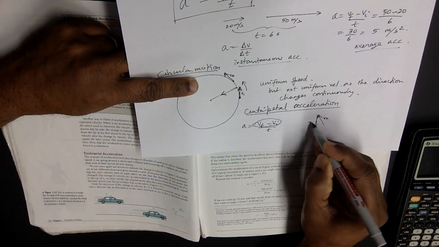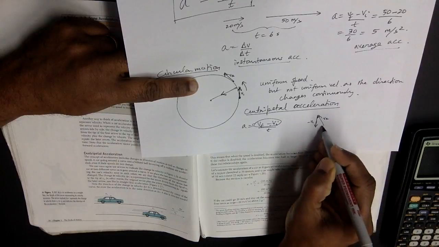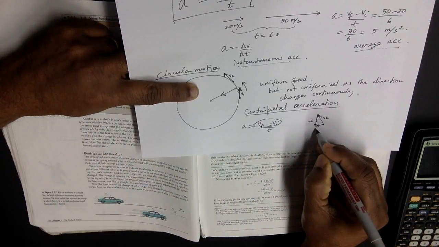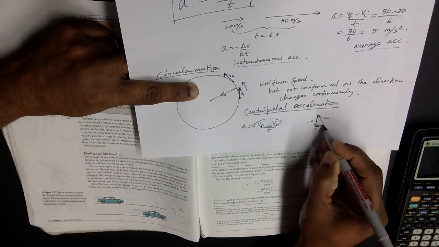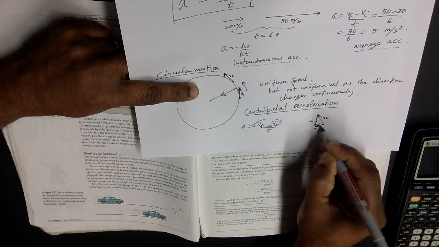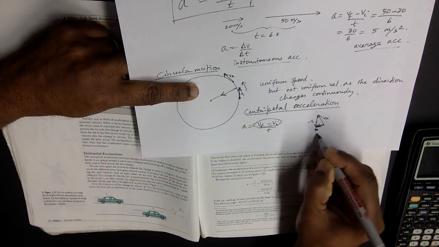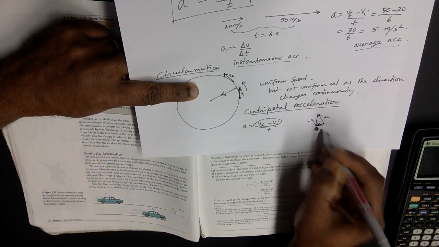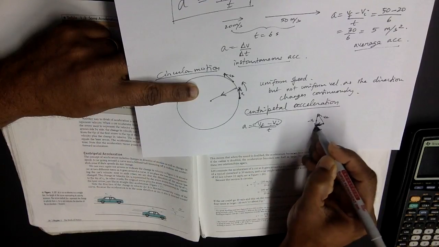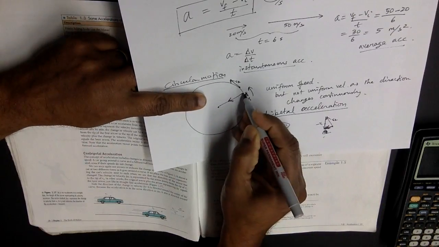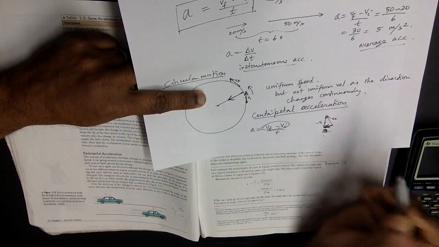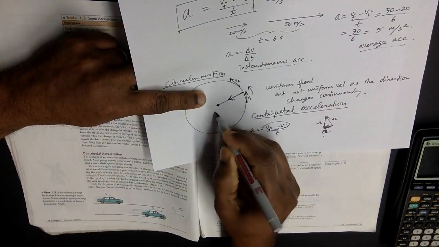And so this is going to be your final velocity minus initial velocity, and so the acceleration is directed in this direction. So the acceleration is going to be this minus this divided by time. So the acceleration is directed like this. Watch. This is the direction, and that is exactly the direction here. You can see that. So the direction of acceleration is always directed to the center.